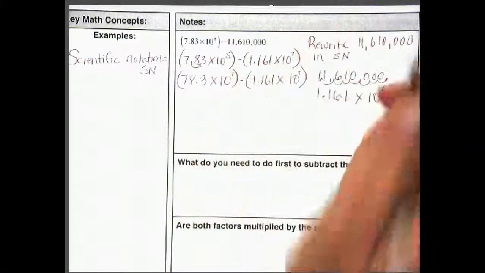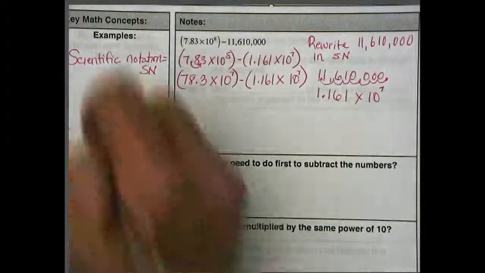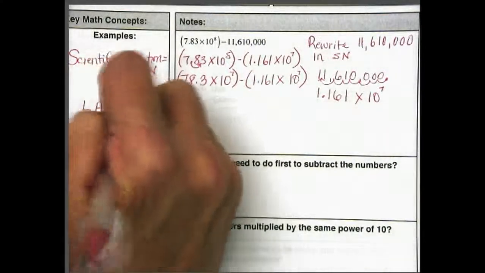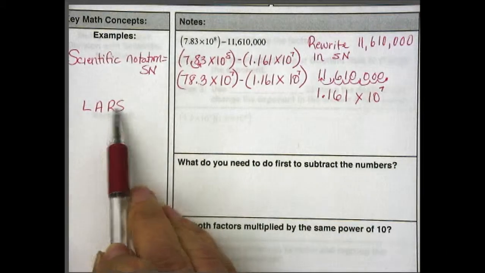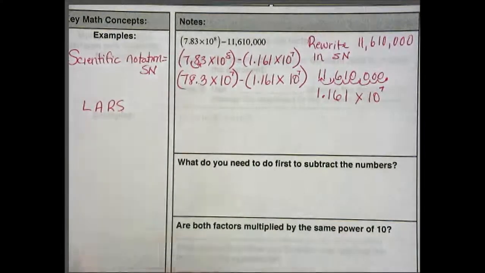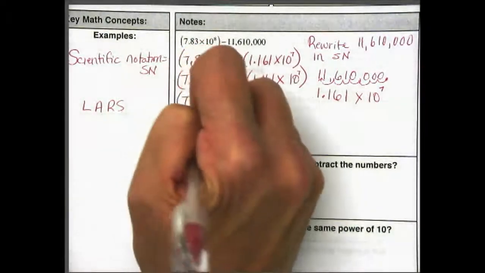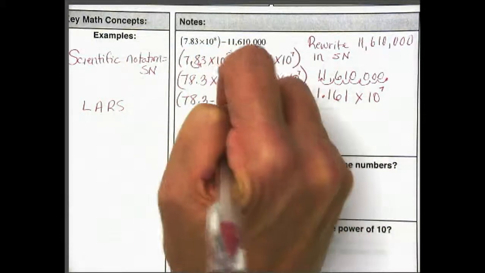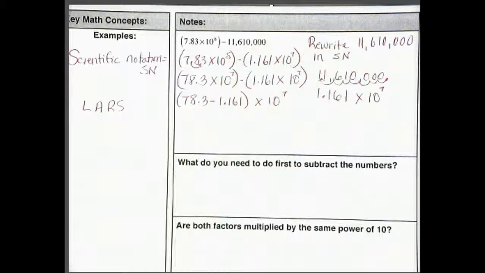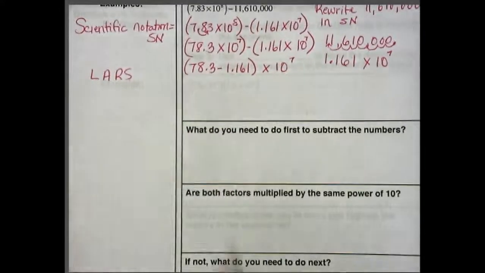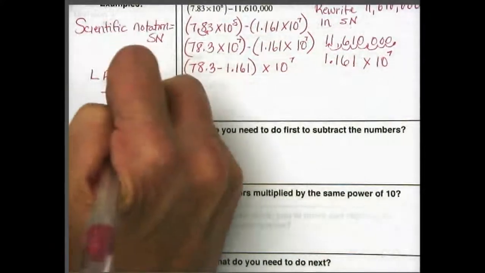Just remember, LARS. I move my decimal point 1 to the right, and if I go to the right, I subtract. So then I'll take 78.3 minus 1.161 times 10 to the 7th power. Let's just show our work over here. We have 78.3.